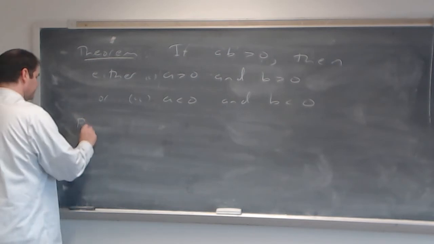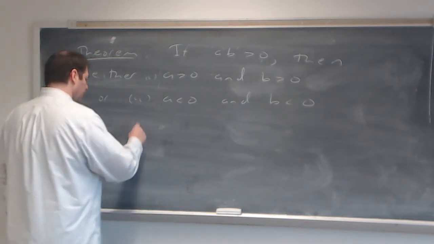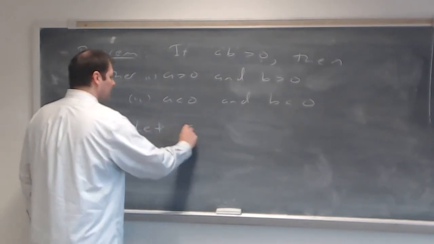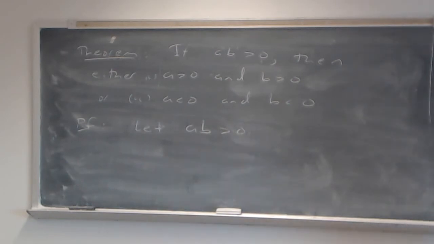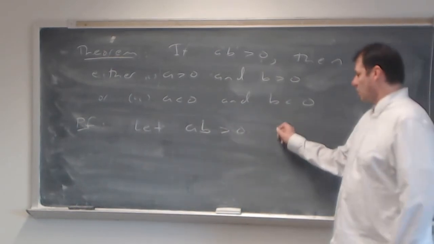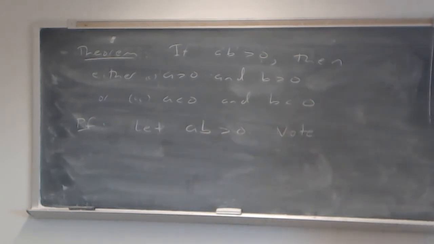So here's my proof. Let a times b be greater than 0. The first thing I want to talk about is the overall scheme of this proof. I'm going to be considering a. So a is a real number.